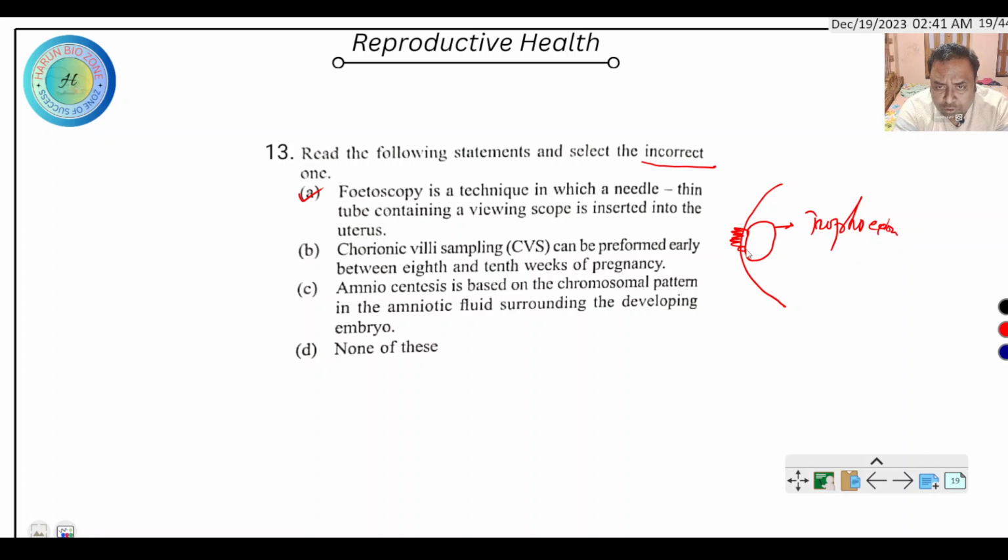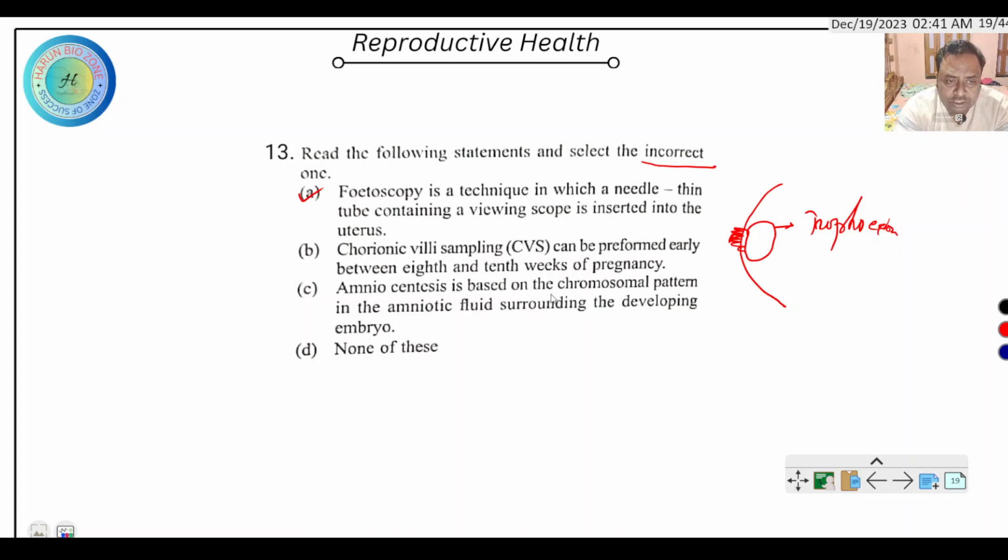This trophoectoderm contains two types of cells, syncytiotrophoblast and cytotrophoblast. So syncytiotrophoblast and cytotrophoblast develop into chorionic villi. These chorionic villi samples are collected and examined for any genetic abnormalities of the baby.